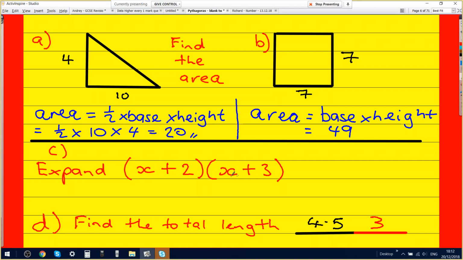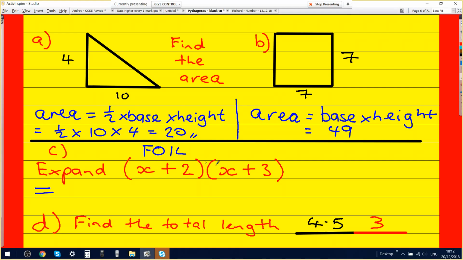C, expand these brackets. X plus 2, X plus 3. So you do it FOIL: first, outside, inside, last.